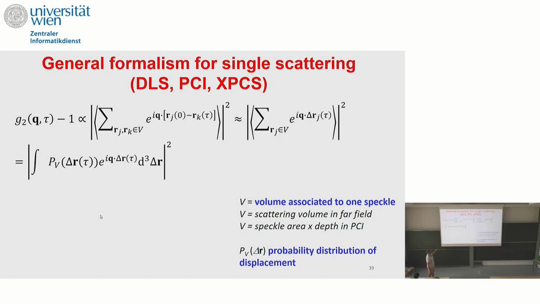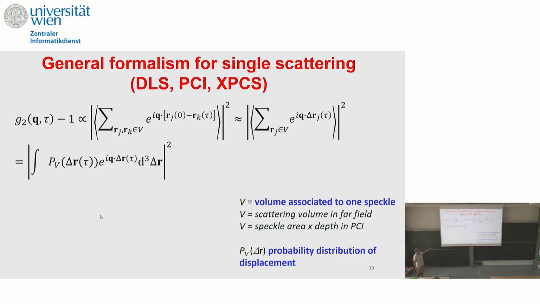So basically, in this double sum, you throw out all cross terms, and you just keep the terms j equal k. In that case, this difference in position is just the amount of displacement of each particle over time tau. That makes your life much easier.